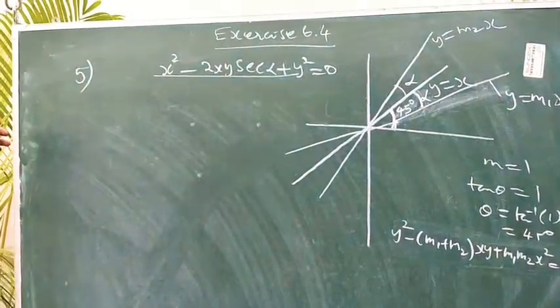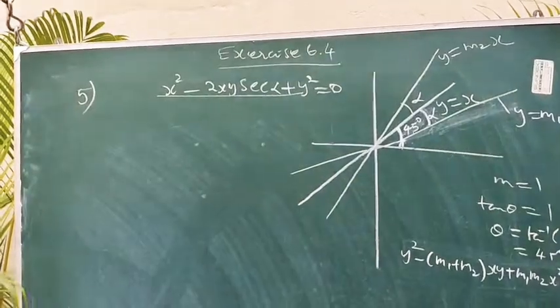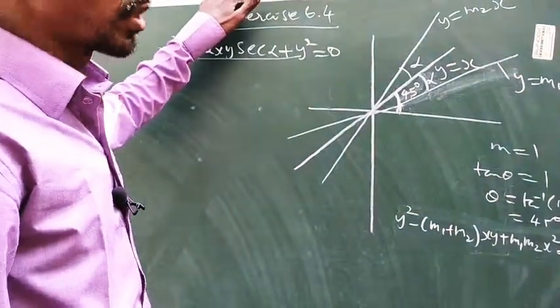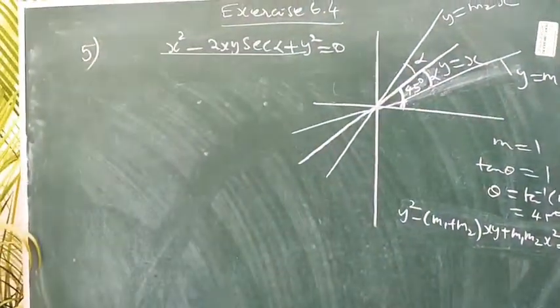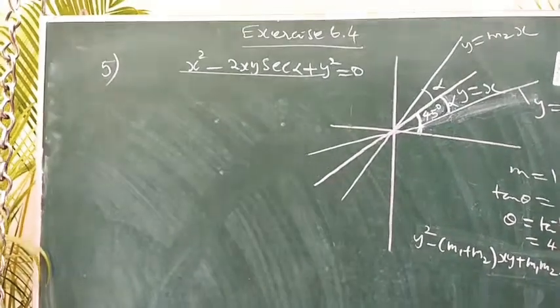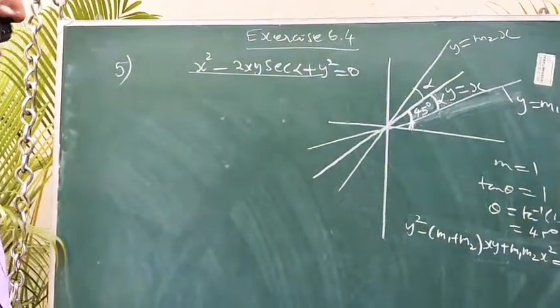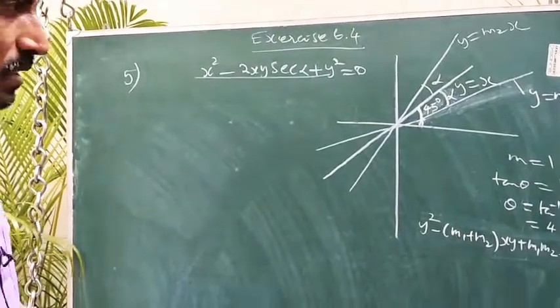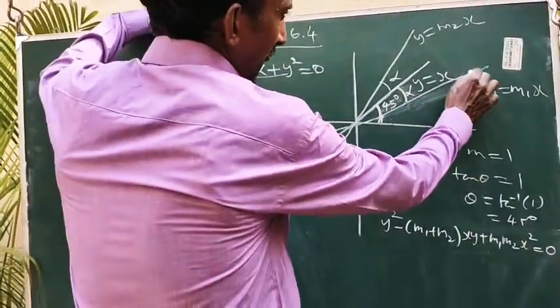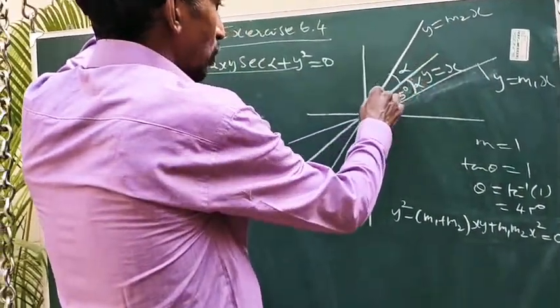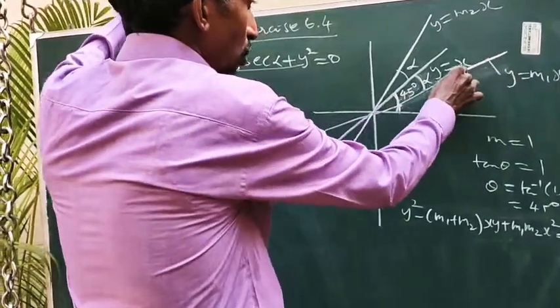So my dear student, before that you got to recall one thing. Any line passing through the origin is of the form y equal to mx plus c, and since the y intercept there is 0, y equal to mx. So consider these two straight lines passing through the origin.